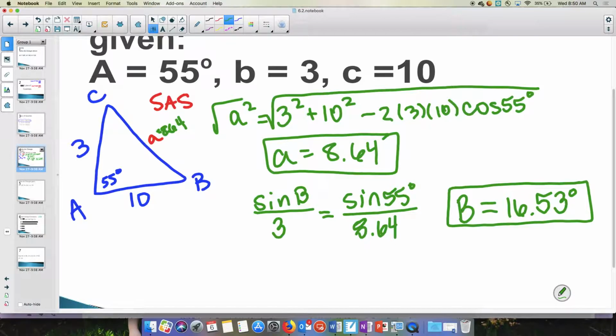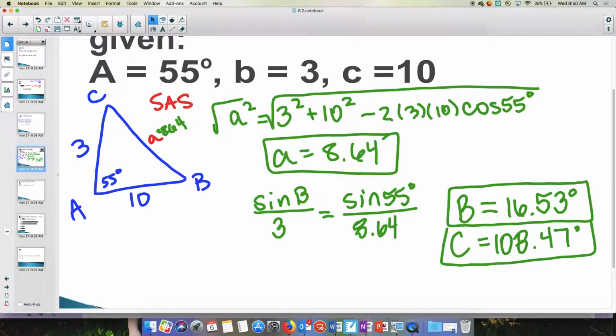All right, so what's angle C if we use the 180 rule? Hmm. 108.47. Okay. Now, I'm going to take a little side note here.